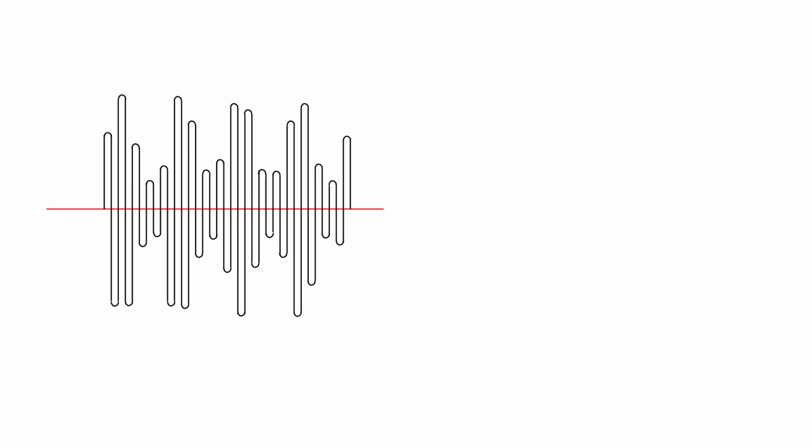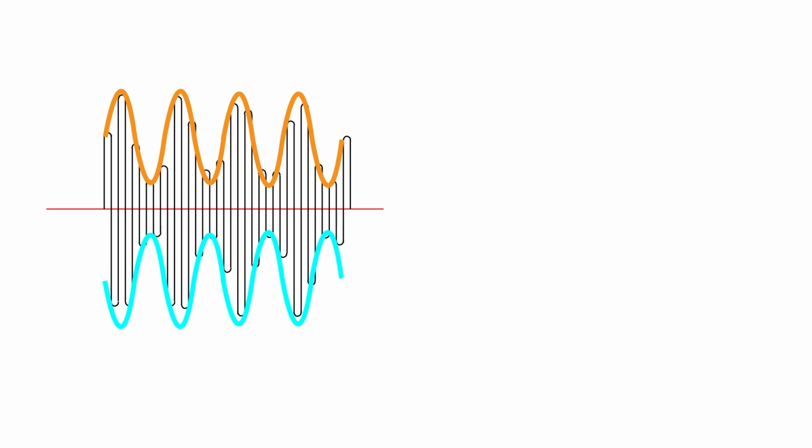Remember from earlier that the signal was reproduced twice when modulating the carrier frequency, once at the top edge of the carrier waveform and a mirror image at the bottom edge. Now, when you mix two waveforms together, the amplitude of the resulting waveform is found by summing the amplitudes of the two input waveforms at any particular moment in time.